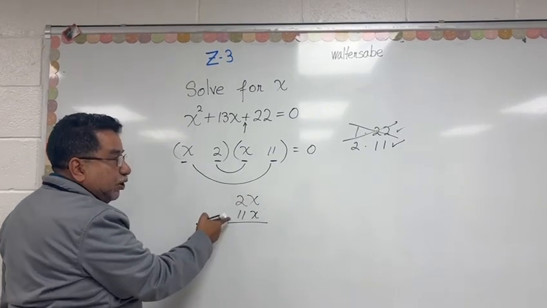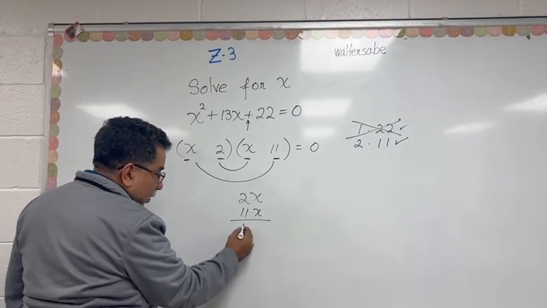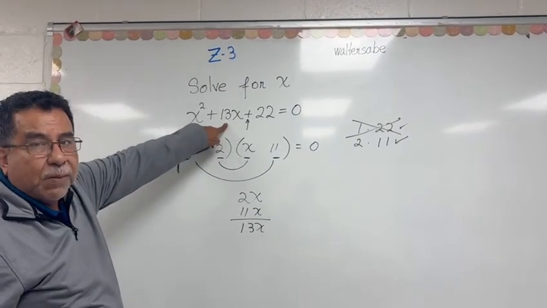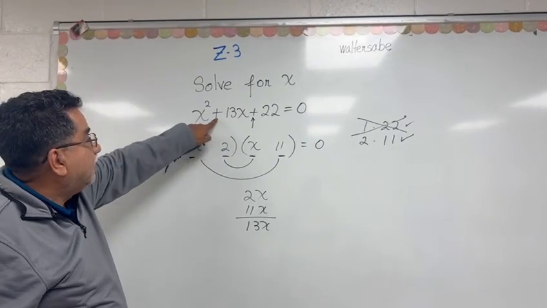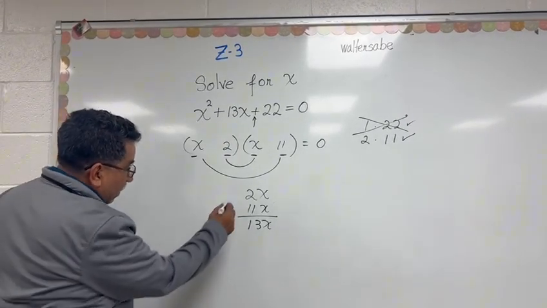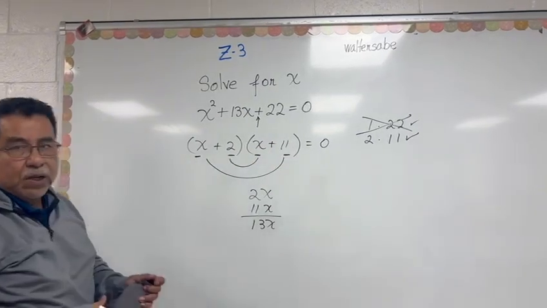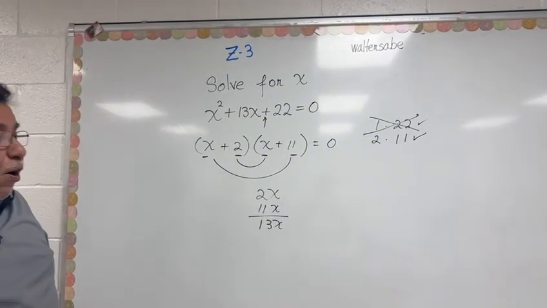Now the addition of these two multiplications will give me 13x, which is what I'm looking for. Both are positives, so I need plus 2, plus 11. Okay, that's only the factoring part.